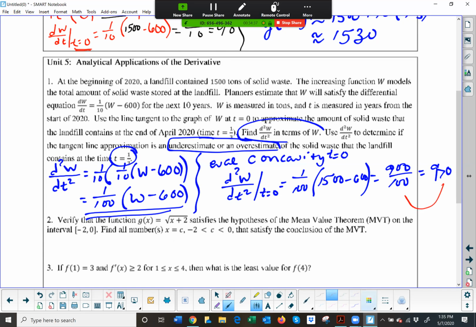And for that reason then, our tangent line that was built at t equals 0 is going to lie below, and it's going to underestimate. If I just slid off to the right a little bit, to t equals 1/3, where we did our approximating, then our point is definitely going to be below the actual curve at t equals 1/3. So this is an underestimation.